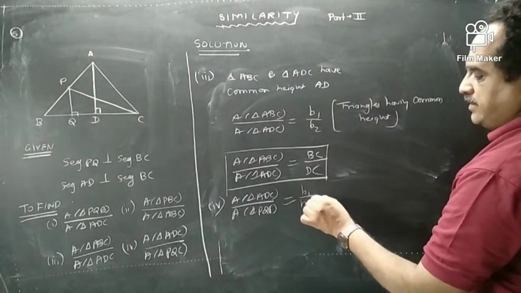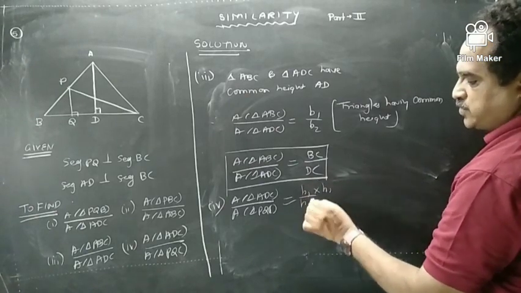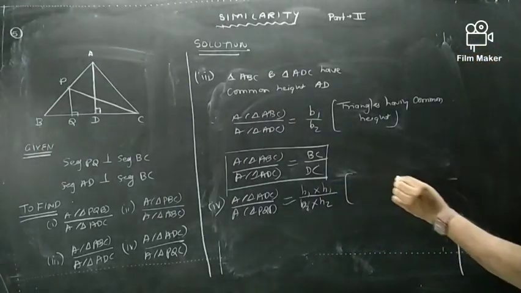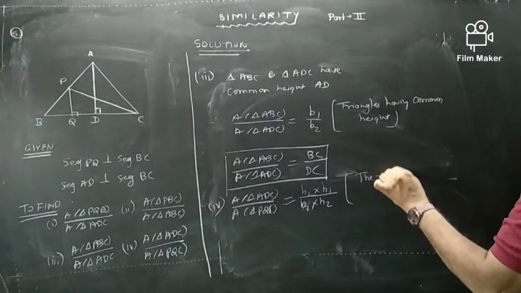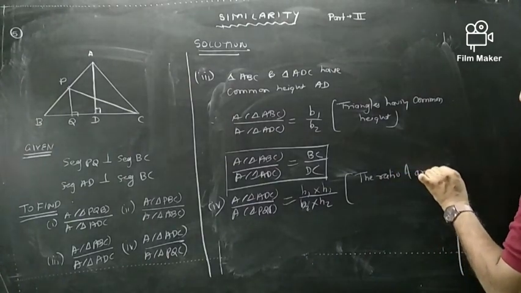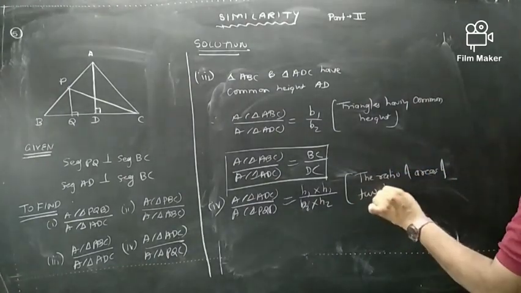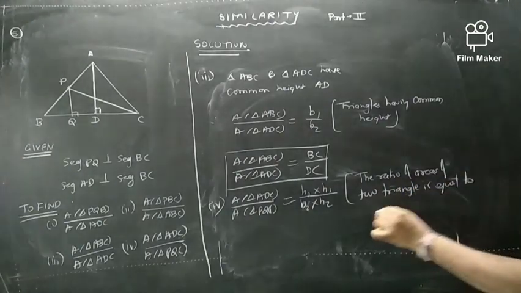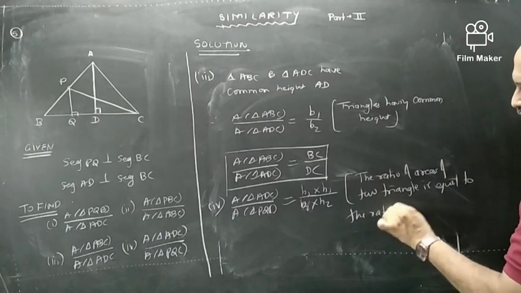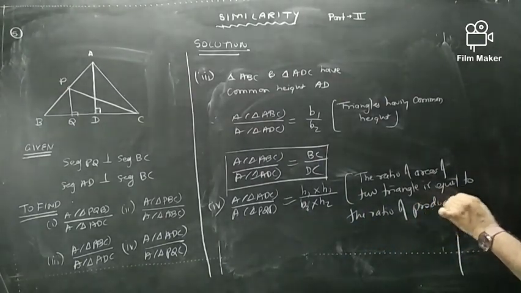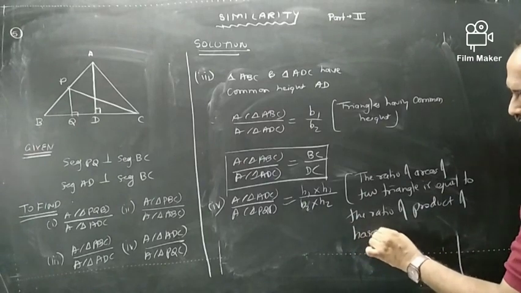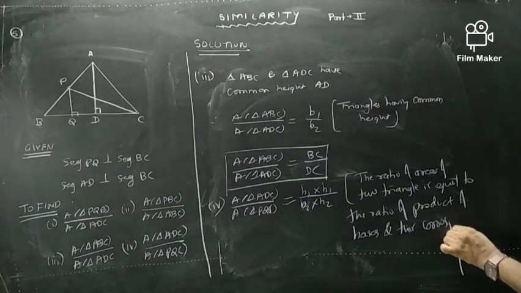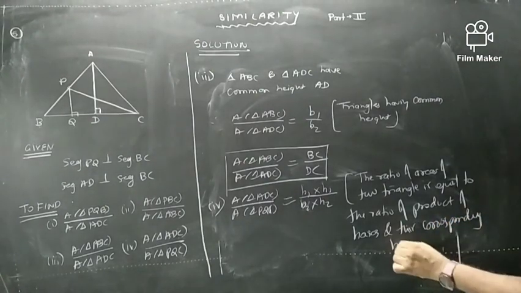B1 into H1 upon B2 into H2. The ratio of areas of two triangles is equal to the ratio of the product of bases and their corresponding heights.